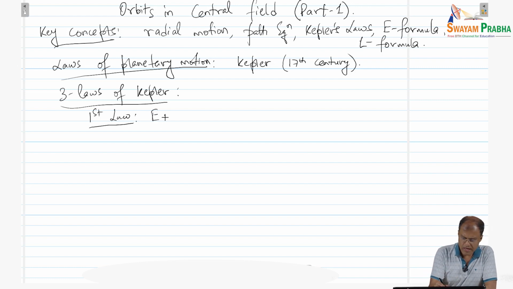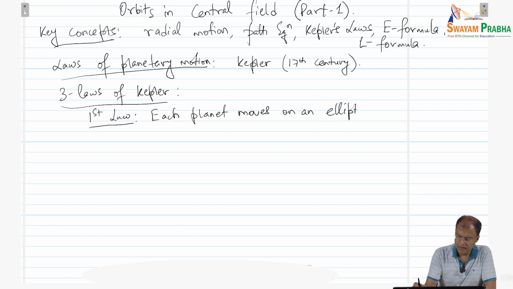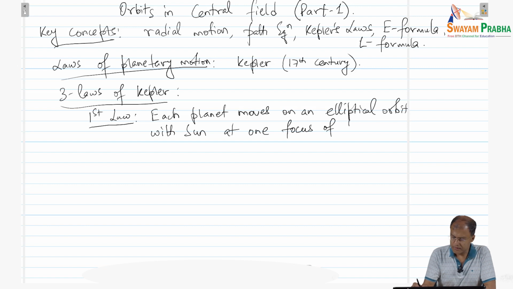So the first law was each planet moves on a bounded elliptical orbit with the sun at one focus of the ellipse. Okay. So step by step we'll derive all these laws, and show how we are getting them through rigorous mathematics. Sun at one focus of the ellipse.